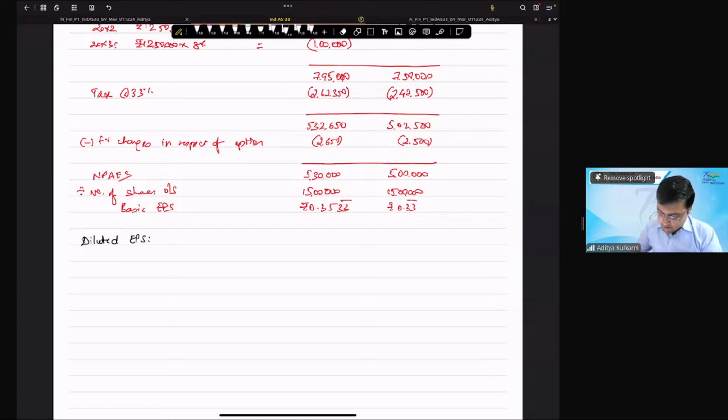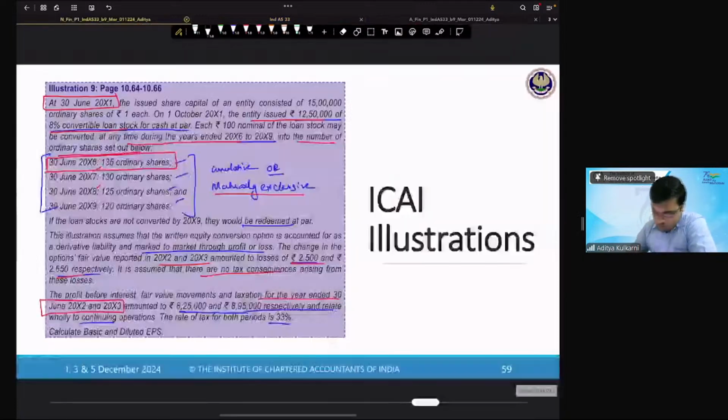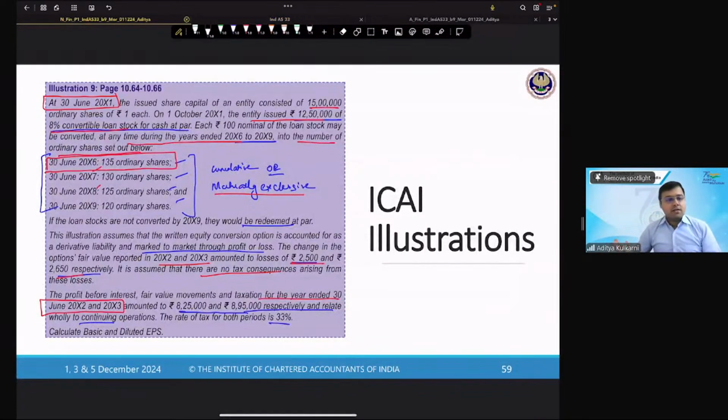Diluted EPS. Okay. When I talk about my diluted EPS workings, what are my potential shares? What are my potential shares? Well, the 12,50,000 convertible loan, that is your potential equity shares.